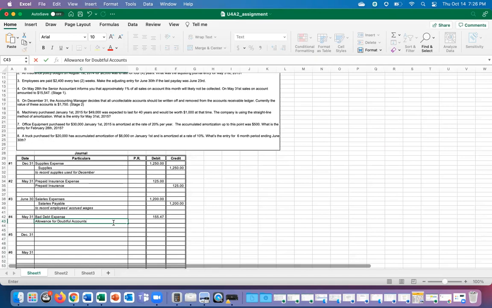So we think that we're going to get $1,000 from our clients at some point in the future. And the reason that you keep the allowance for doubtful accounts account close by is that you want to see how much of that accounts receivable is real and how much of it is, I don't think we're going to get that back. Right. So you might have $100 in your allowance for doubtful accounts.